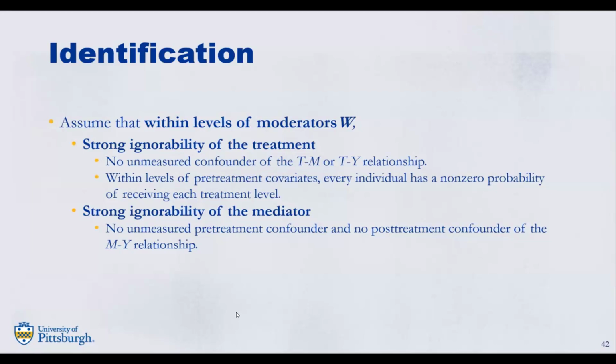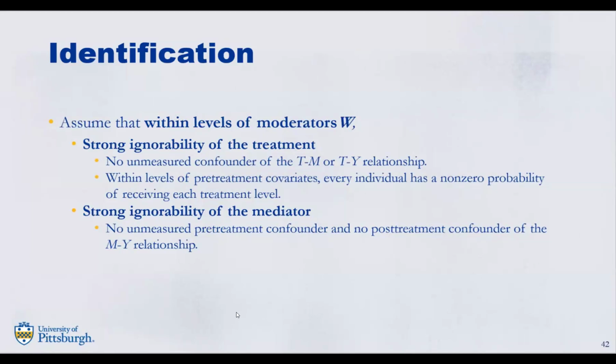As emphasized earlier, the confounder of the mediator outcome relationship may occur before or after the treatment. We call them pre-treatment and post-treatment, and we assume no post-treatment confounding, which is a strong assumption. Because in many real applications, it's possible that the confounder of the mediator outcome relationship occurs after the treatment.